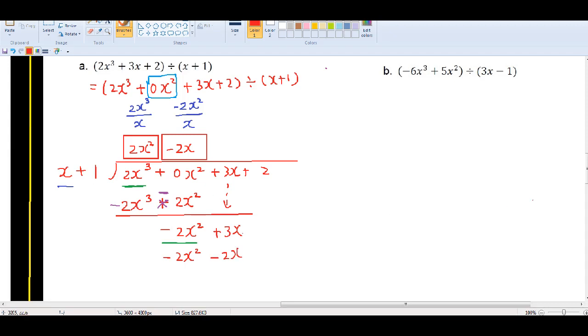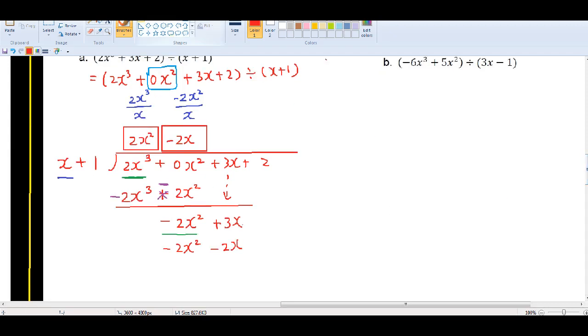Change the sign, so this one becomes plus, this one becomes plus. The leading term must be cancelled out. 3x plus 2x is 5x. You need to borrow that term, plus 2.